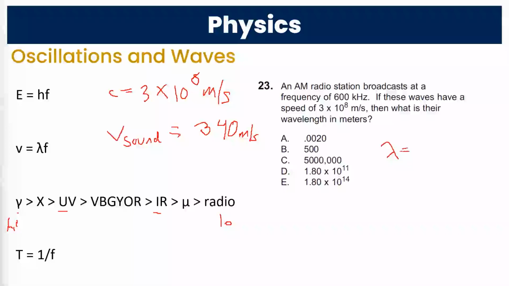So what is the wavelength equal to, according to our second equation? Velocity over frequency, which means I'm going to do 3 times 10 to the 8th over 600. Yes, 600 kilohertz.